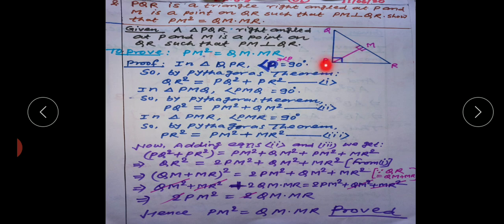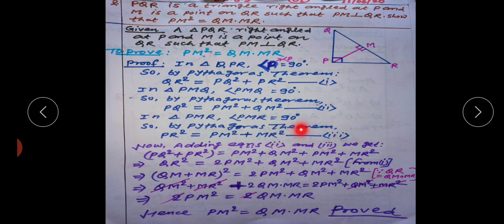And similarly in this right triangle PMR, the side opposite to the right angle PMR, that is PR, will be the hypotenuse. So in triangle PMR, angle PMR is equal to 90 degrees. So by Pythagoras theorem, PR square will be equal to the sum of the squares of the other two sides, that is PM square plus MR square, and let us consider it as equation third.